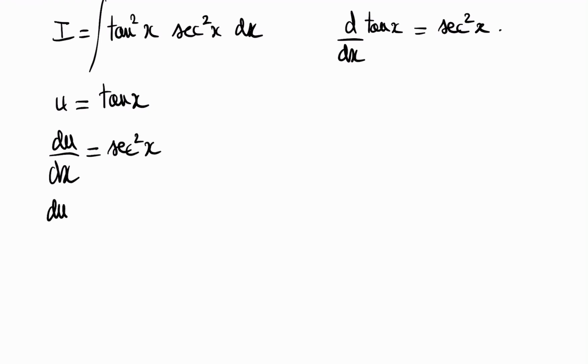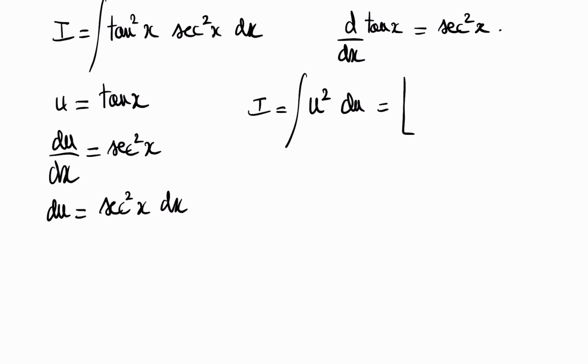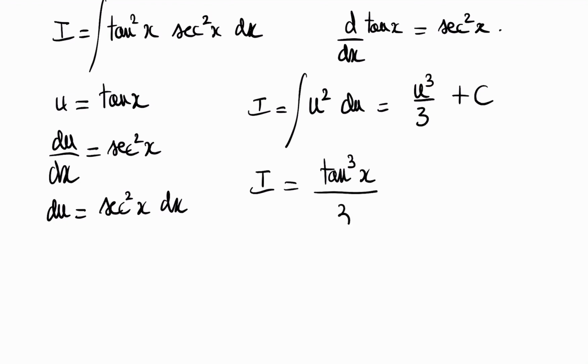That means du is equal to secant squared x dx, and so the integral becomes u squared, and secant squared dx is du, so it's u to the power 3 over 3. It's an indefinite integral, plus c. We cannot leave it like that, otherwise it would be unfinished, so we just need to substitute back, so it's tangent cubed x over 3 plus c.